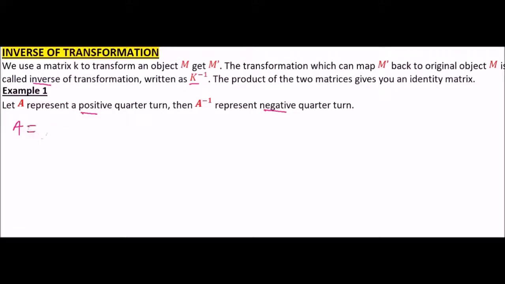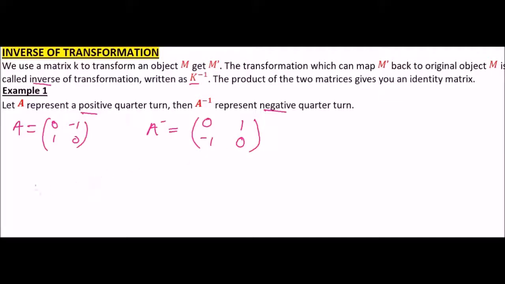A, which is a matrix representing positive quarter turn, the matrix is 0, minus 1, 1, and 0. The inverse matrix, that is a negative quarter turn, is represented by 0, 1, negative 1, 0.